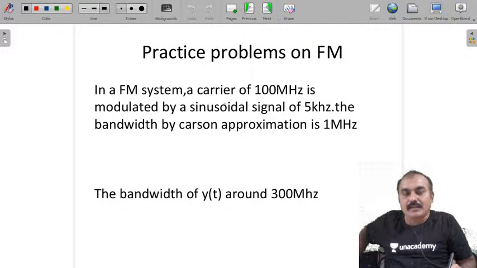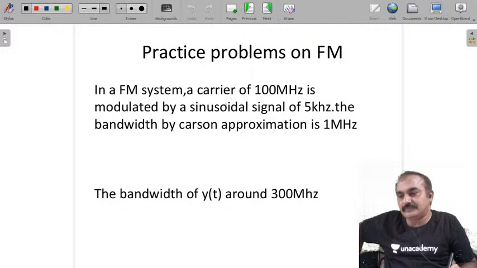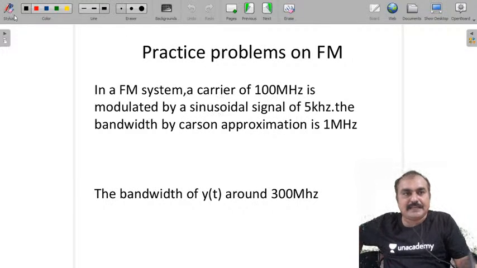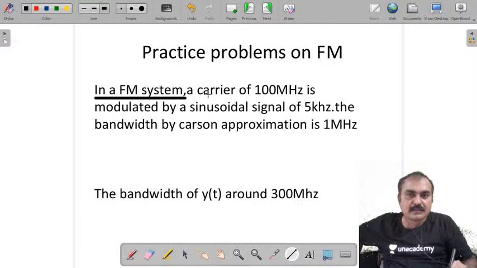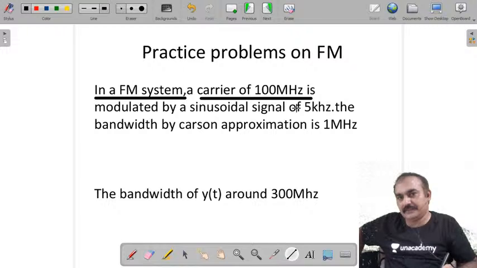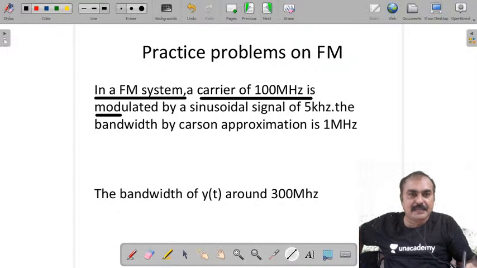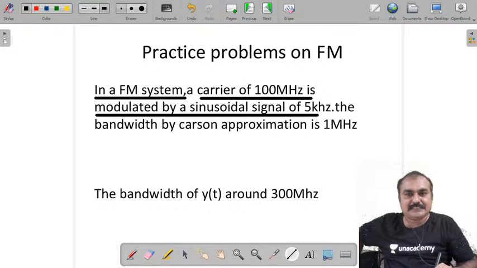Now, in an FM system, a carrier of 100 megahertz is modulated by a sinusoidal signal of 5 kilohertz.